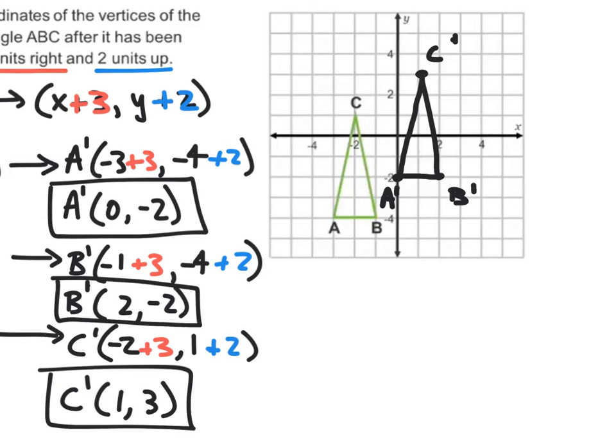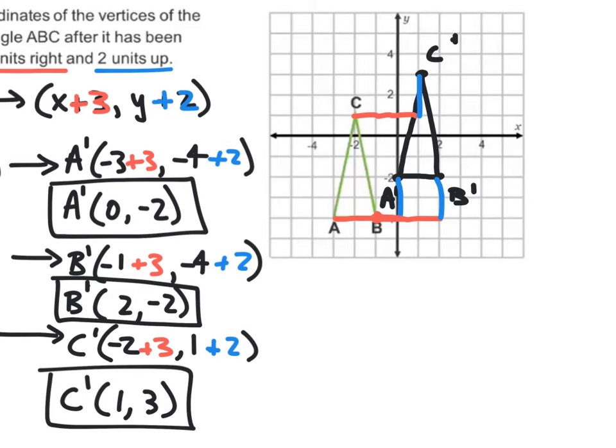I could simply go 3 units right, 1, 2, 3, up 2, and I get to my new point. Same thing starting at point B, going over 1, 2, 3, and then up 2. Same thing with C to C prime: 1, 2, 3, and then up 2.